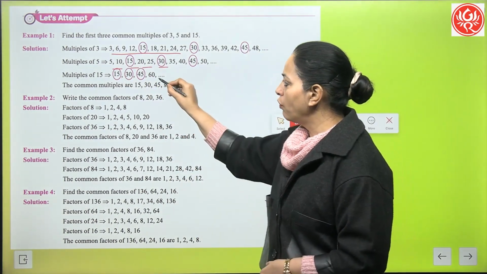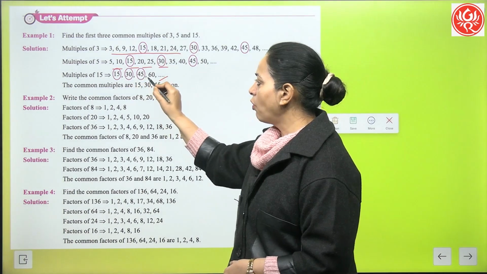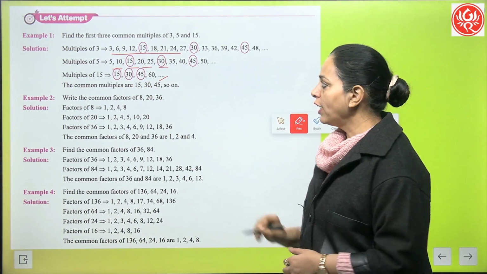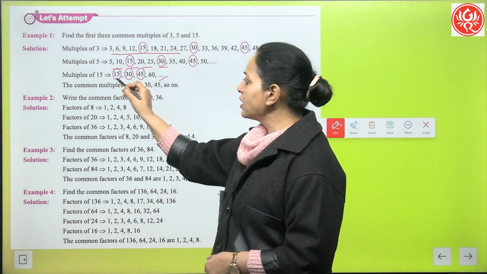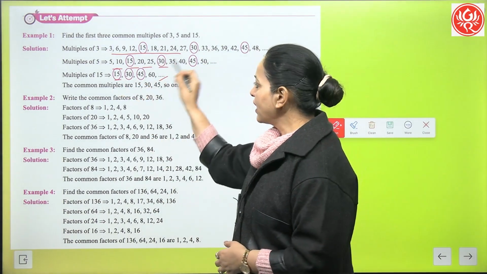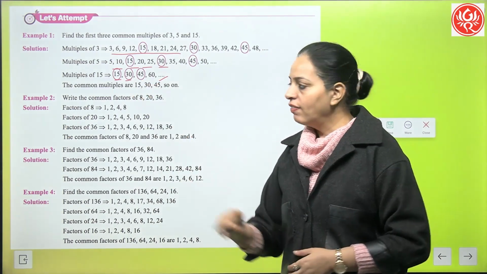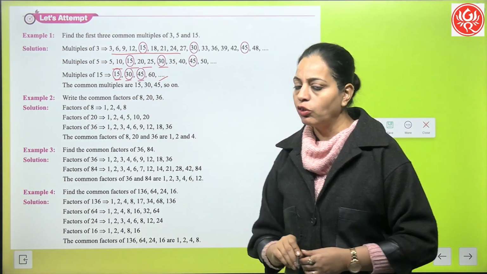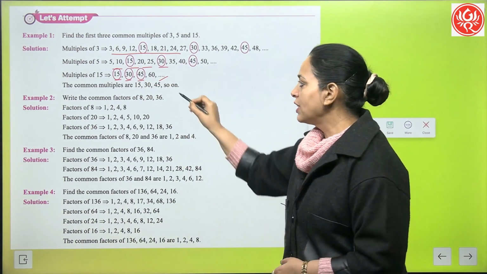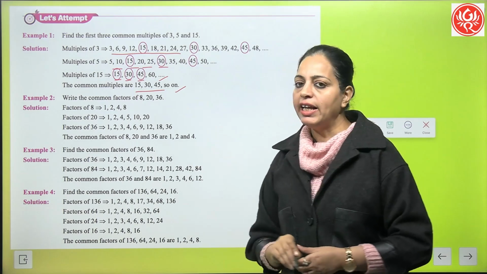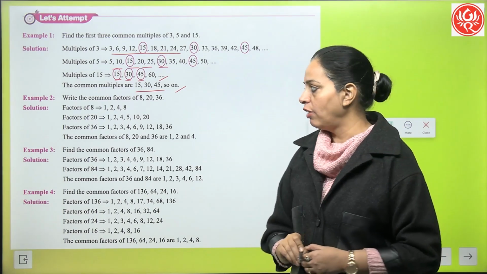Then multiples of 15: 15, 30, 45 like this. Now find the 3 common multiples. So first is 15, then next is 30, then next is 45. Now you can see all are the multiples of 15. So that's why the answer is 15, 30 and 45, right?